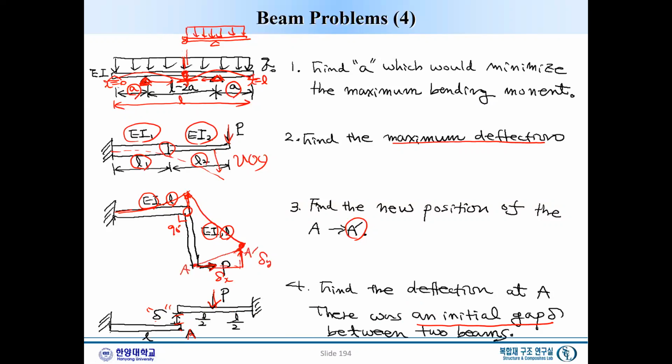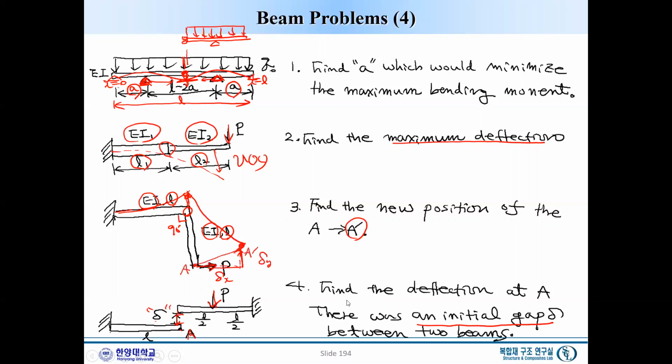Well, when this beam deflects by delta, it will touch, and then this beam will deflect. So there is a two-step movement. First it moves by delta and then touches, and then there will be another movement. So find the deflection at A.